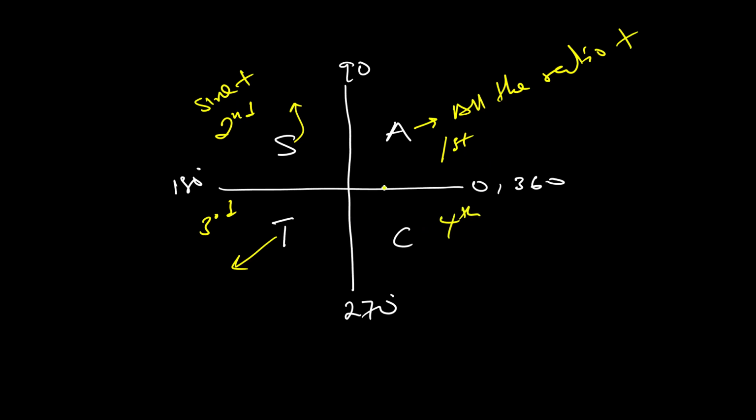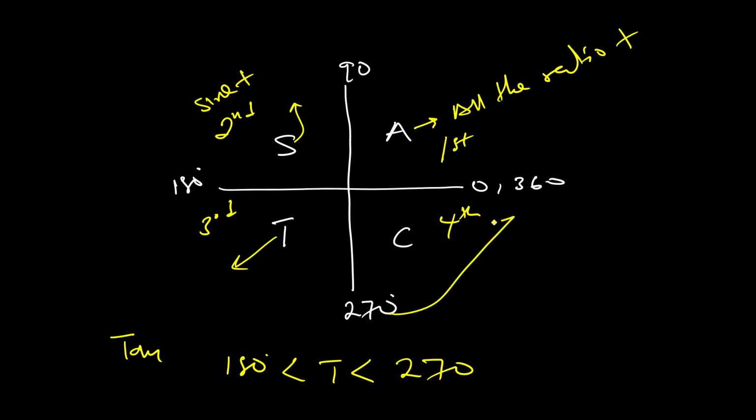In the first quadrant, all the ratios are positive. In the second quadrant, only sine is positive. In the third, only tan, which lies between 180 and 270. And from 270 to 360 is for only cos. So only cos is positive in this quadrant.